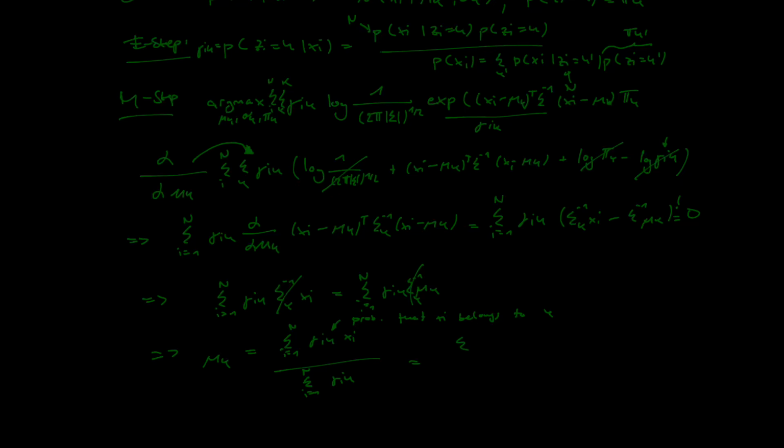So we sum up all the xi's if xi is in k, and then we divide it through the sum of 1 for xi element of k, which is equal to the number of elements in k, which is just the mean, of course.